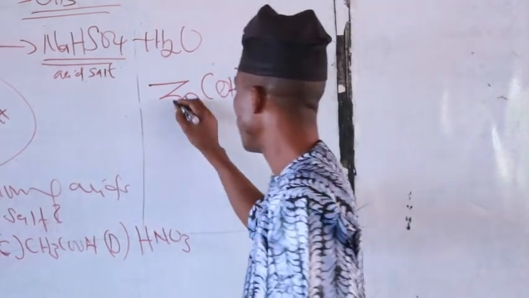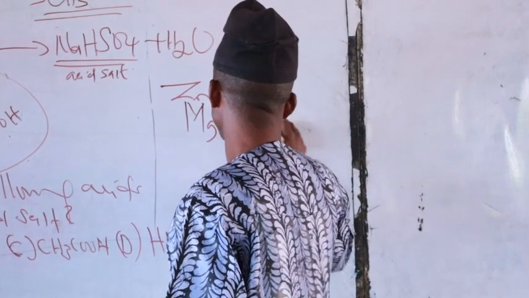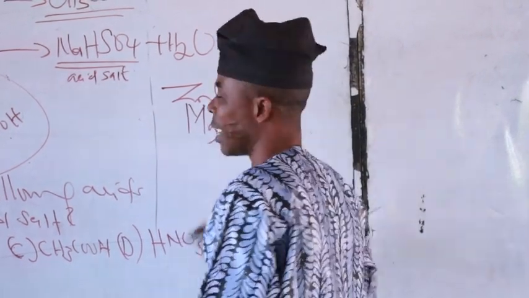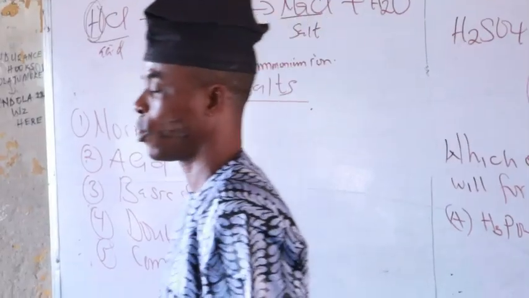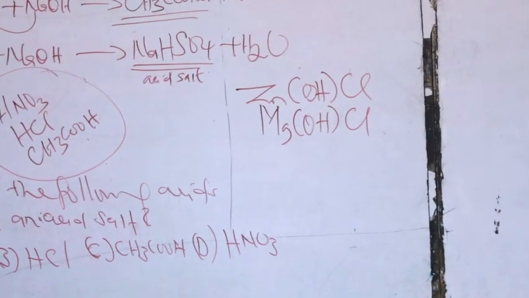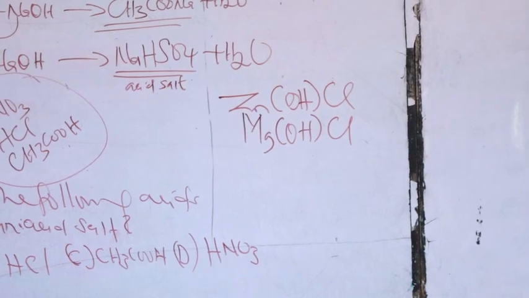Or you can have Mg(OH)Cl. All these are examples of basic salts, and they are formed when you don't have enough acid to neutralize the base.